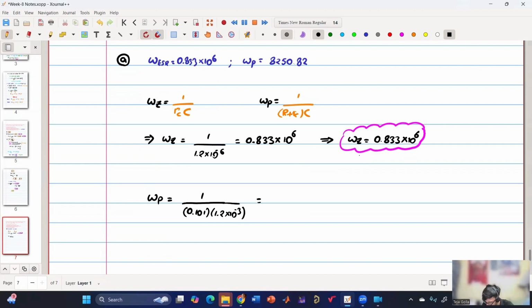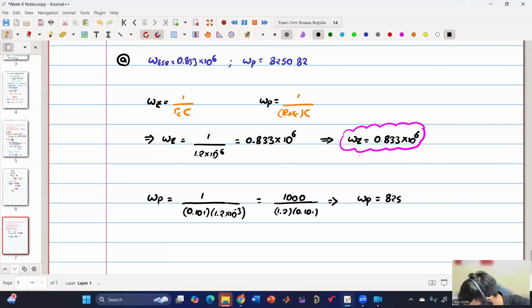So we'll get 1000 divided by 1.2 into 0.101, which is 8250.82. Yeah, so this is correct. So omega p is coming 8250.825.